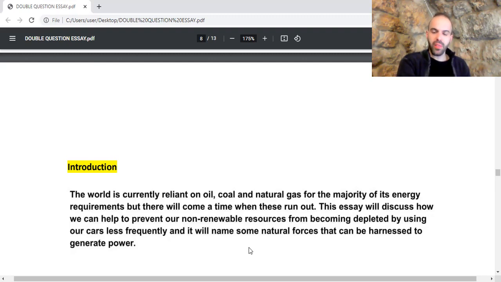So we started by paraphrasing the question, which is the first sentence, and then we have outlined our answer by actually writing the two main answers for every single question, okay? And you can follow the structure, by the way, or the standard writing. So for example, you can start your outline sentence by, this essay will discuss how blah, blah, blah, blah, blah. So which is the answer of the first question. And it will name blah, blah, blah, blah. So it's a good way to start off sentences, okay?